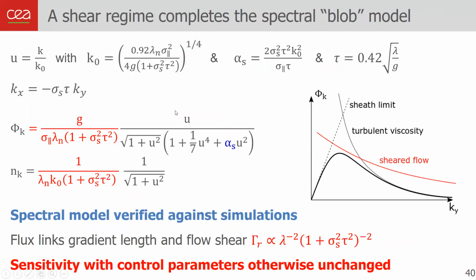I will not describe these spectra. They're a bit more complicated because you now have a third regime for the spectra. You still have the shear limited regime and the turbulent viscosity regime, and you now have this sheared flow regime that can be very far from this cartoon if the shear is null or weak, and comes down and pushes the spectra down.